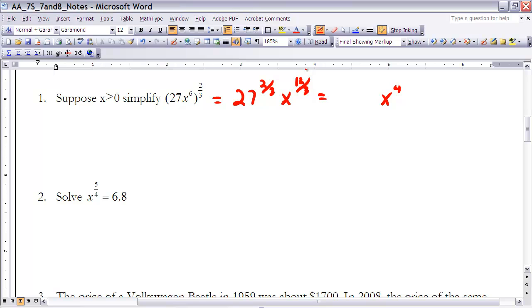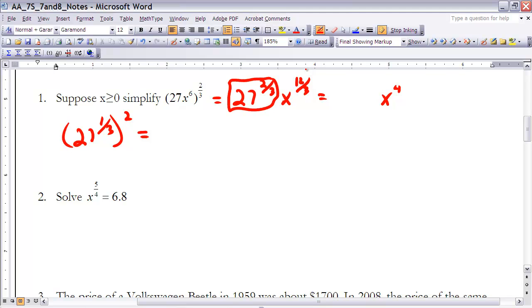Now I'm going to work on this 27 to the 2/3. That's the same as saying 27 raised to the 1/3 power, raised to the 2nd power. The 1/3 power means the third root.